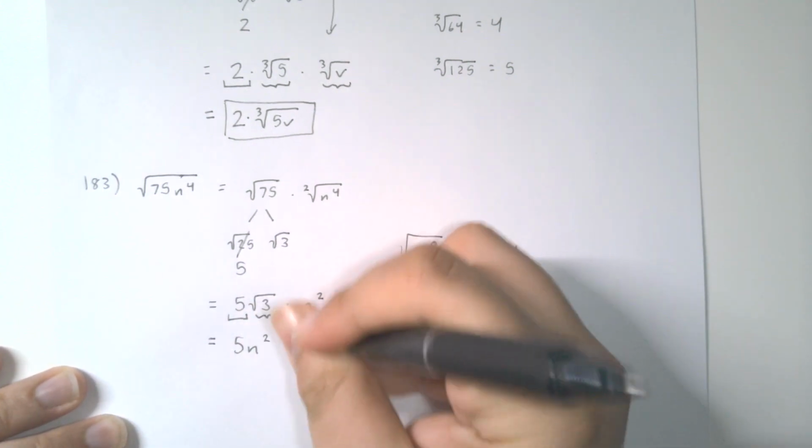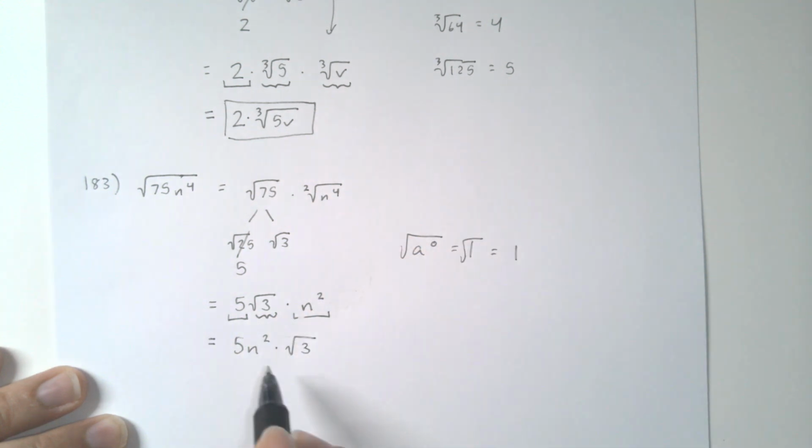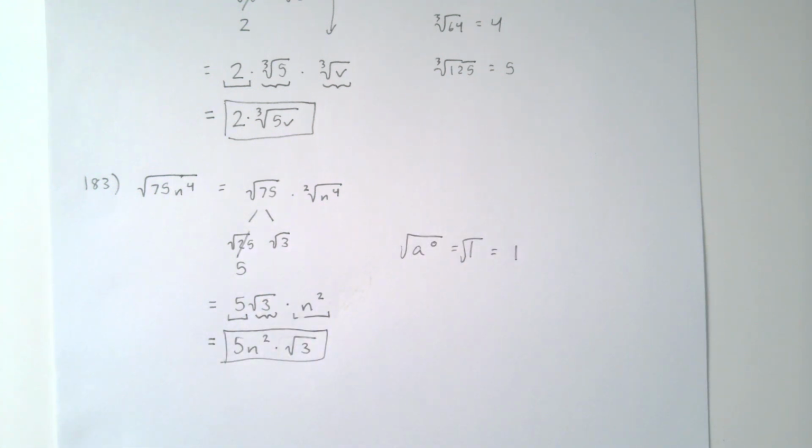To make it clear for our final answer, we separate this with our dot so that 2 doesn't get confused for an index. So we have 5n squared times the square root of 3.